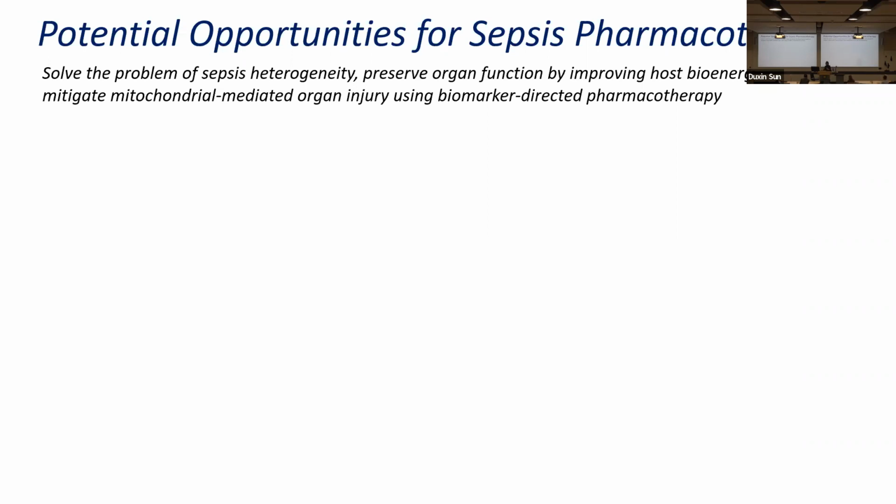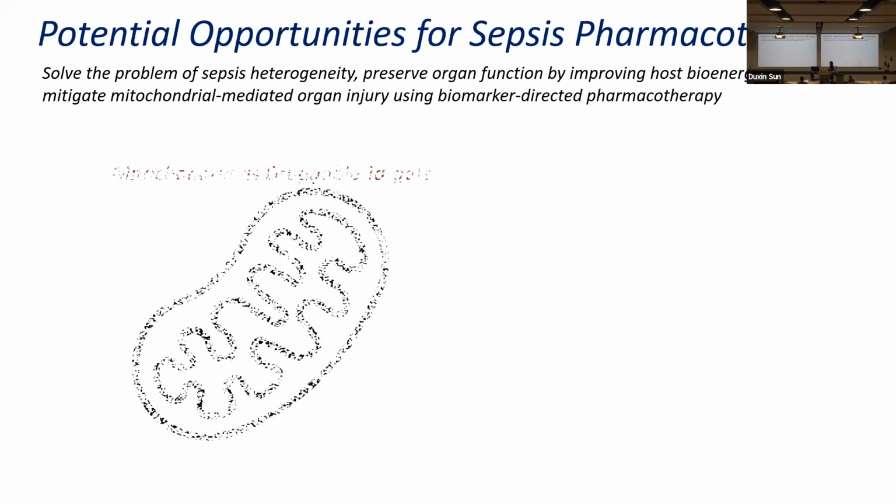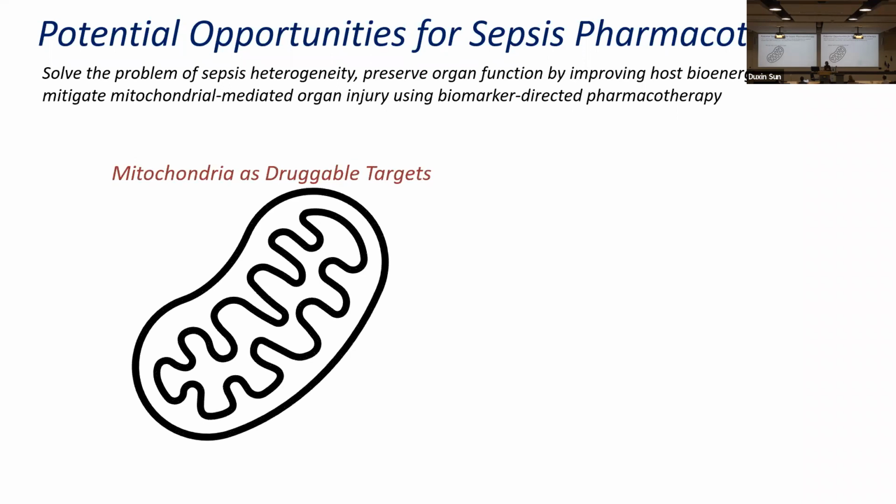So we could think about how we might preserve organ function, particularly in terms of bioenergetics, and then maybe support the mitochondria through the energy crisis of sepsis. That could possibly be done through drugs, thinking about the mitochondria as a druggable target.